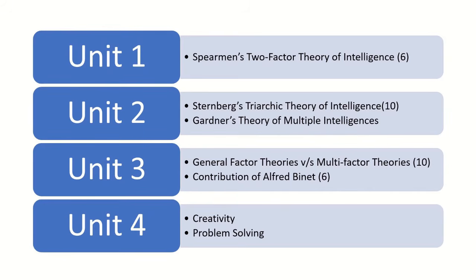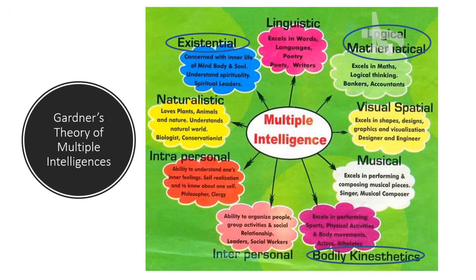The unit 4 of this block is very important. You needed to go through each and every topic in this unit under creativity as well as problem solving. Now I am showing you a diagram of Gardner's theory of multiple intelligence.